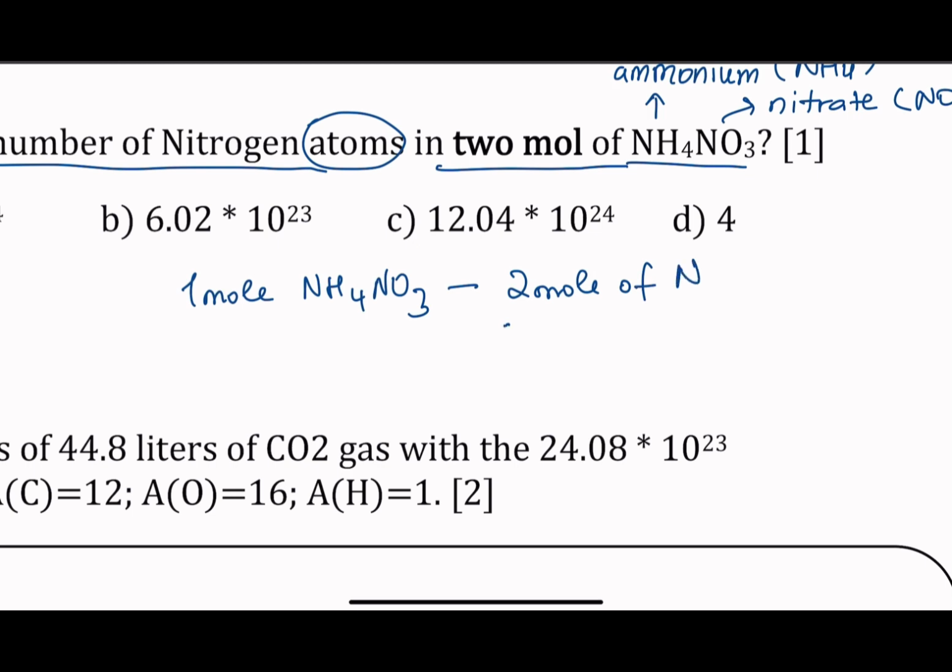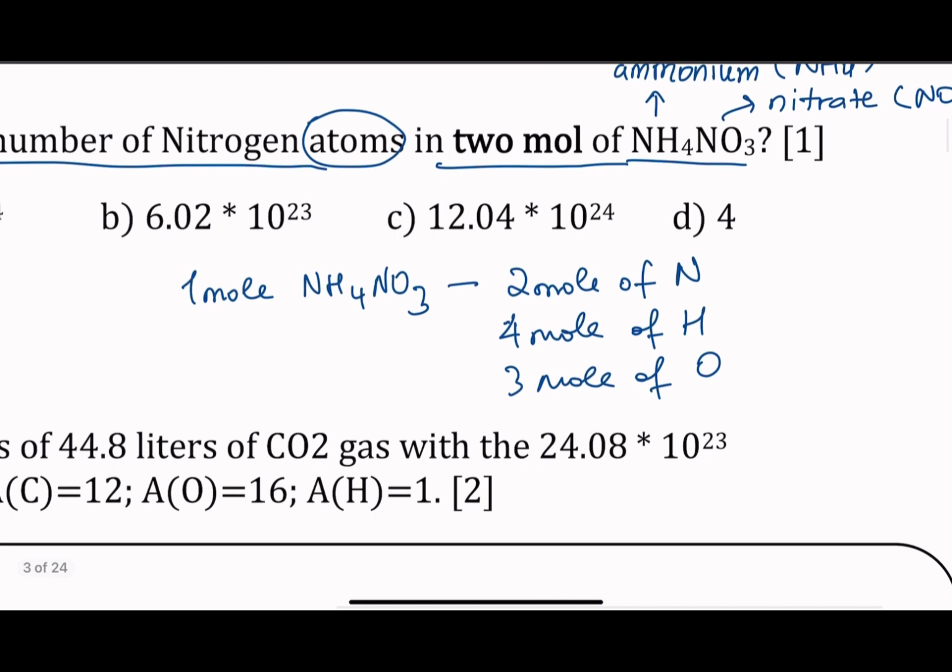Let's do hydrogen. You got 4 mole of hydrogen and then 3 mole of oxygen. But we don't care about them, because it's not asking us that, it's asking for nitrogens.